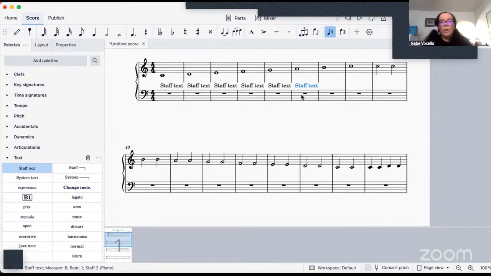So the whole rest is written below the fourth line. 1, 2, 3, 4. Below the fourth line, you have the whole rest. Now, half rest is above the third line. So 1, 2, 3, and the half rest. So it's above the third line.